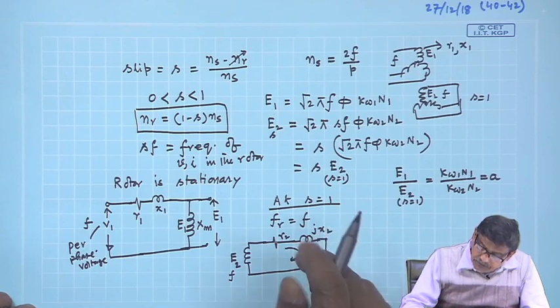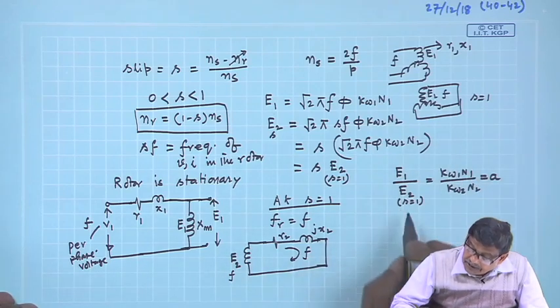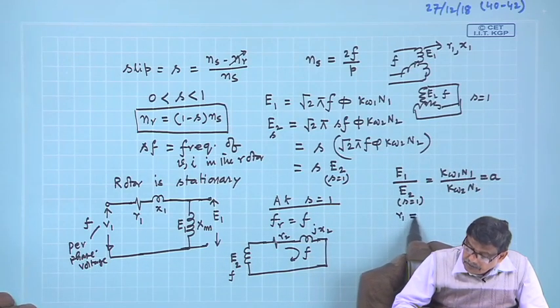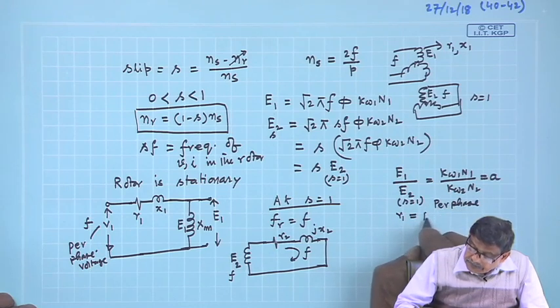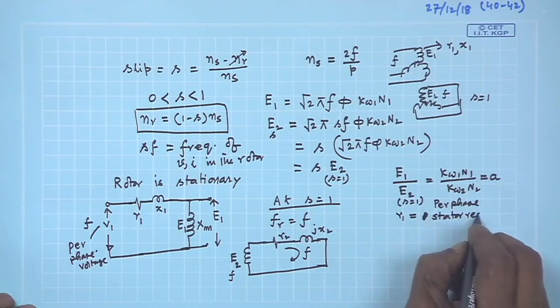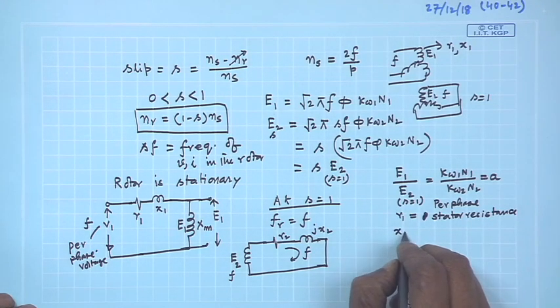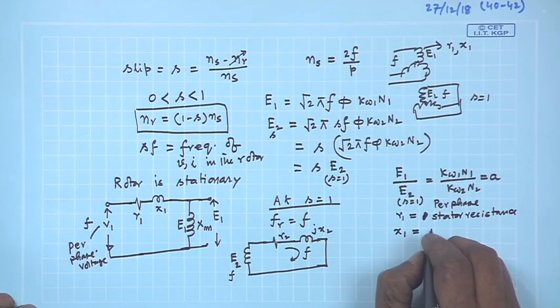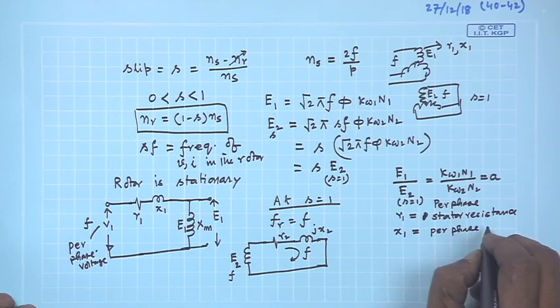What is X2? X2 is the leakage reactance. So, let me write: R1 is the per phase stator resistance. X1 is the per phase stator leakage reactance.